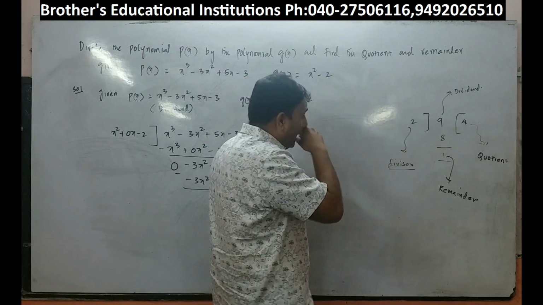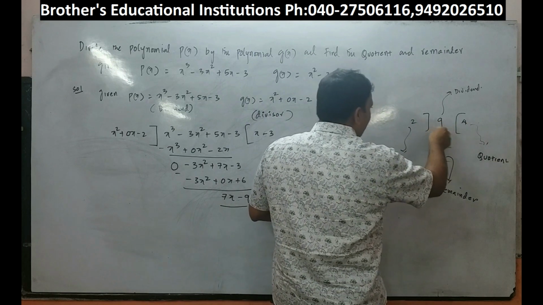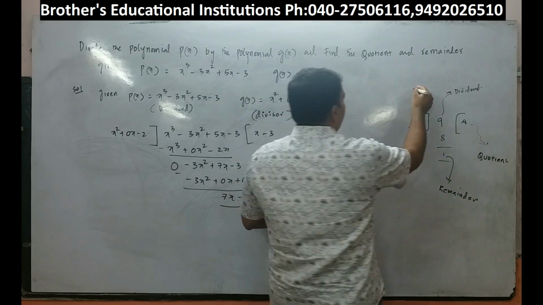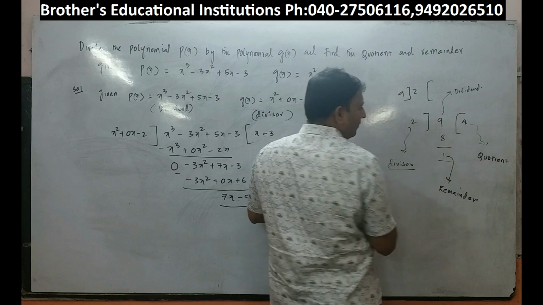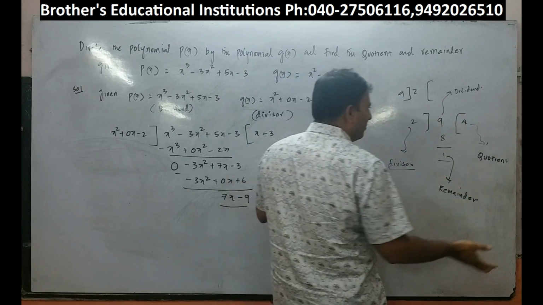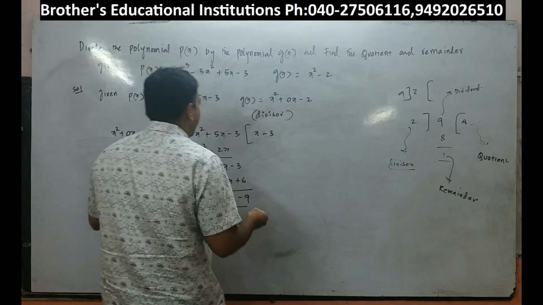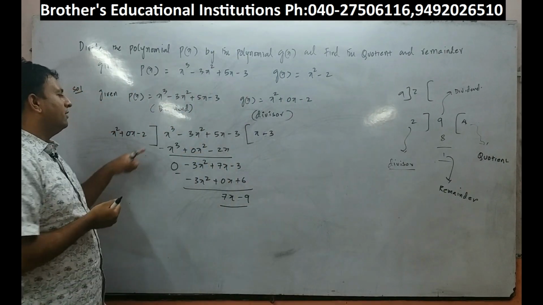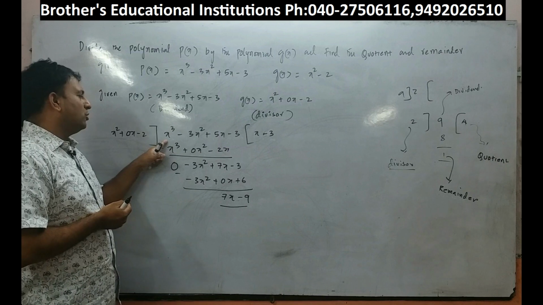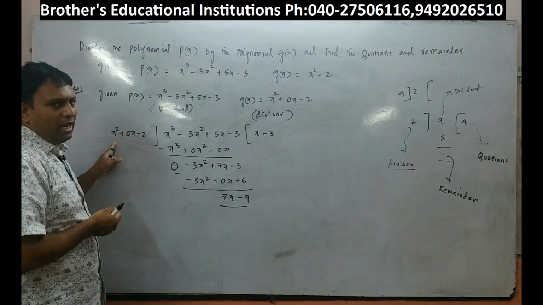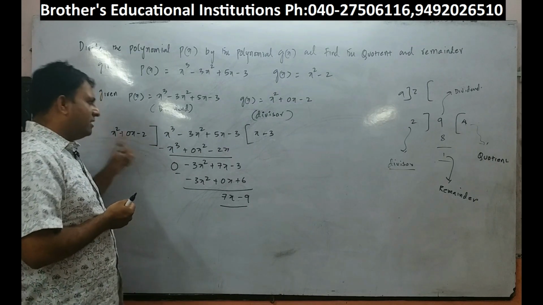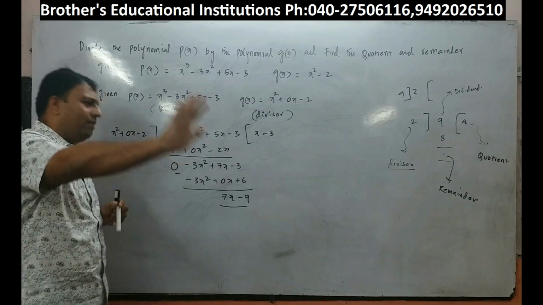Now what is important here is when you divide 9 with 2, these things will come. But can you divide 2 with 9? You can divide, you will get answer in point. But here when you are dealing with polynomials, always the degree of the dividend has to be greater than or equal to the degree of the divisor. That is a very important thing which is nowhere mentioned in the textbook.